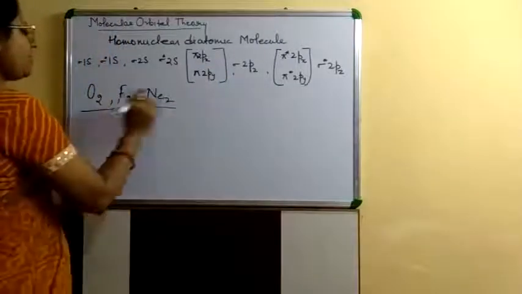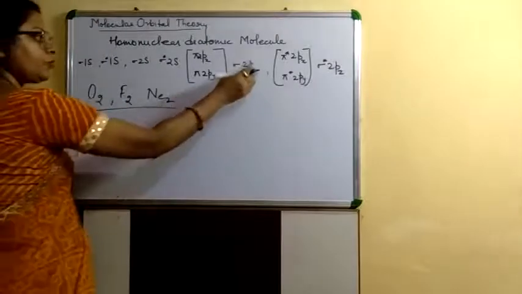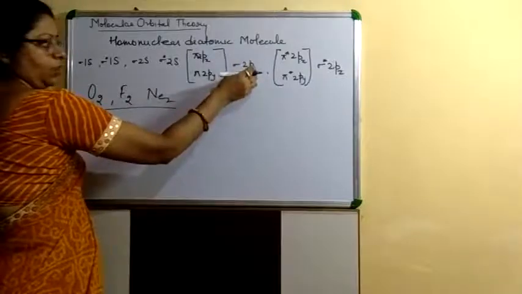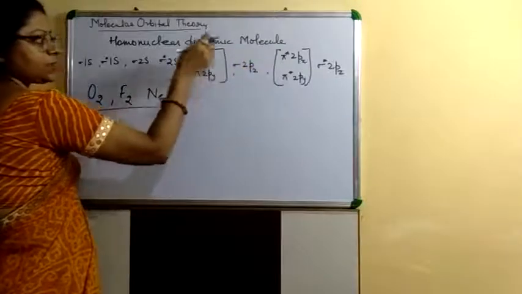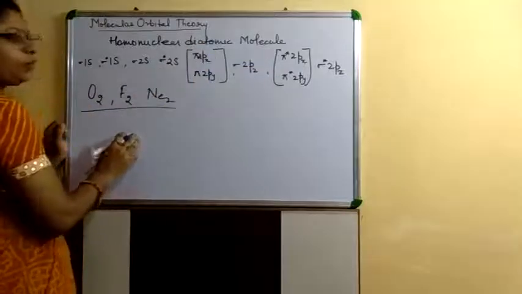So for oxygen, fluorine and neon, we have to shift, because the sigma 2pz orbital has lower energy than pi 2px and pi 2py.